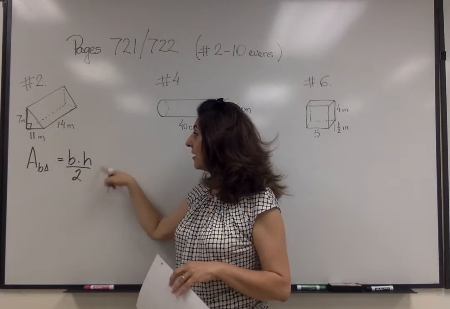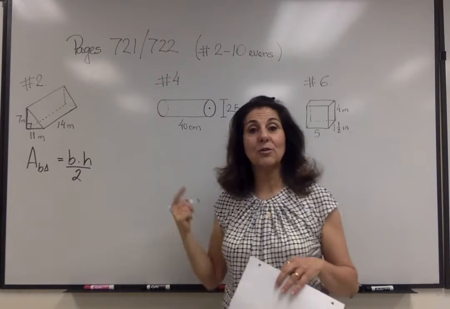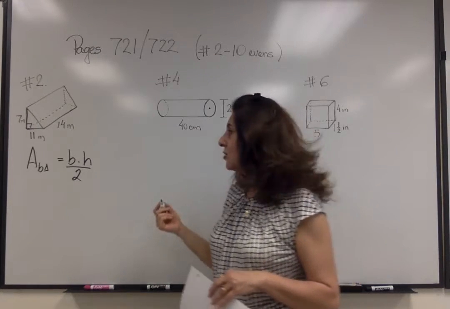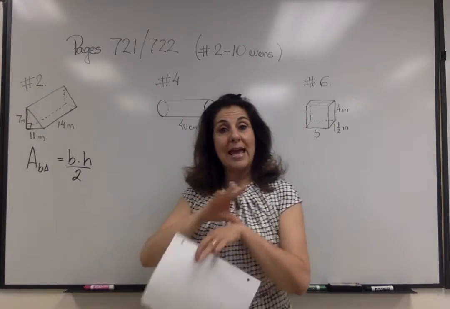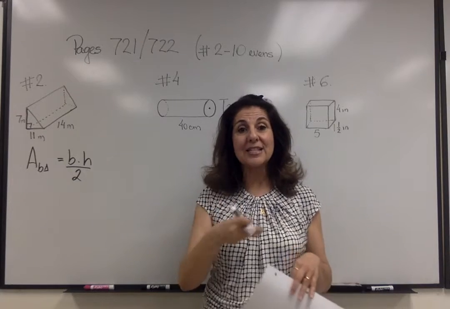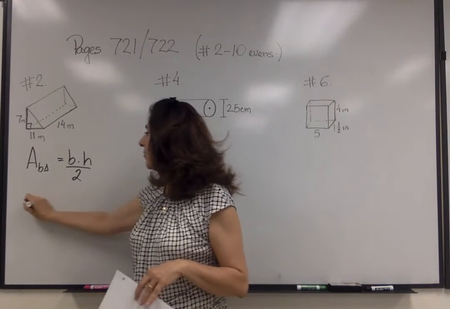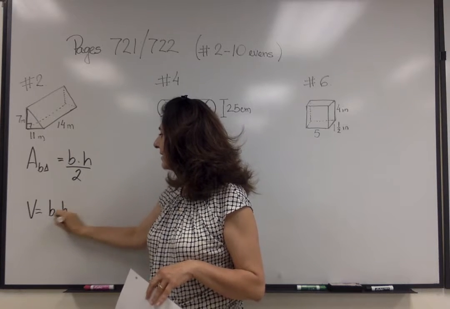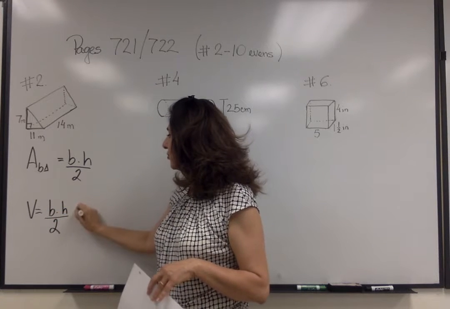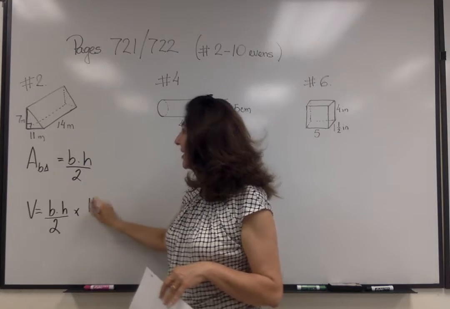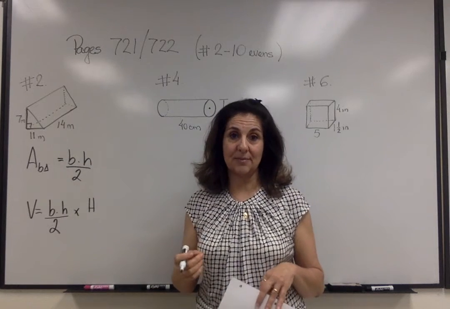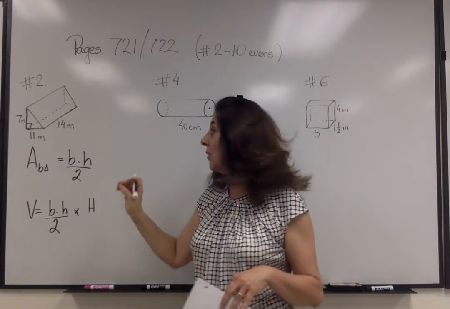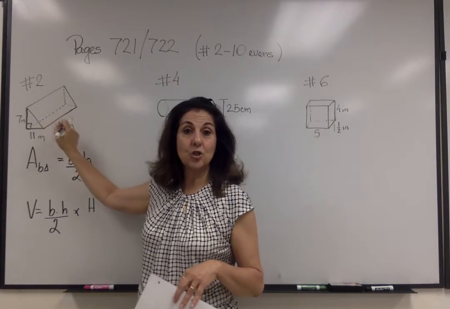Once you found the area of the base, then yes, you can multiply that by the height. So we're going to do one strip that has all the information. So the volume is base times height divided by 2 times the height of the prism. In this case, it's the prism with a base that is a triangle.